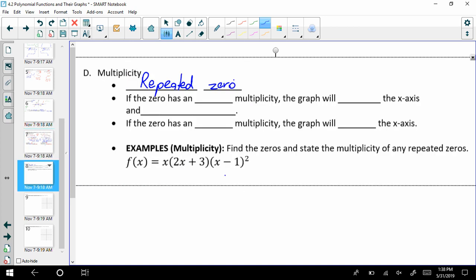Multiplicity is important to know about, especially if you're graphing polynomials, because it tells me what's going to happen on the graph itself. If a 0 has an even multiplicity, so I get the answer twice, or 4 times, or 6 times, or 8 times, what ends up happening on the graph will touch the x-axis at that spot, but then turn around.